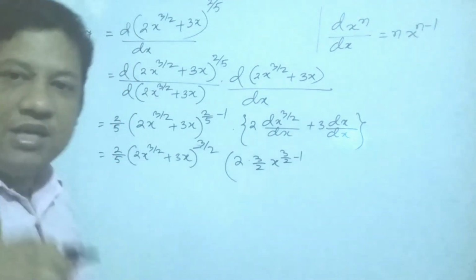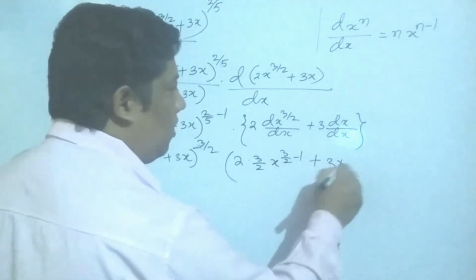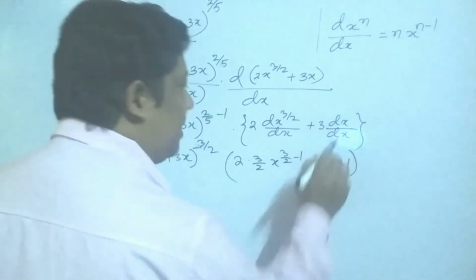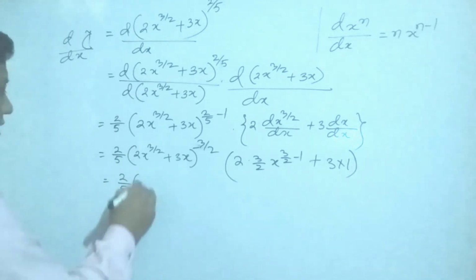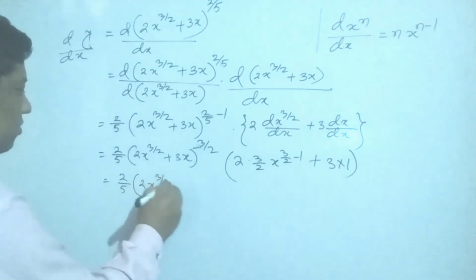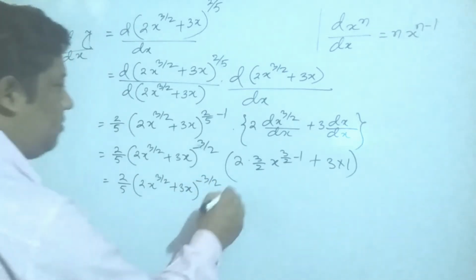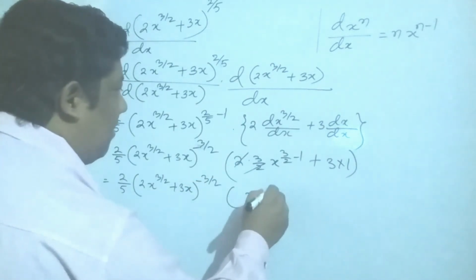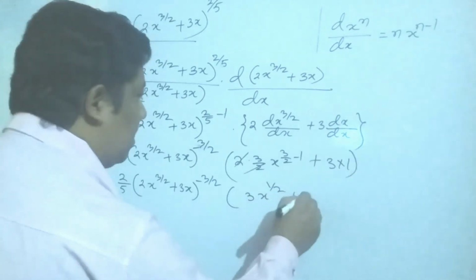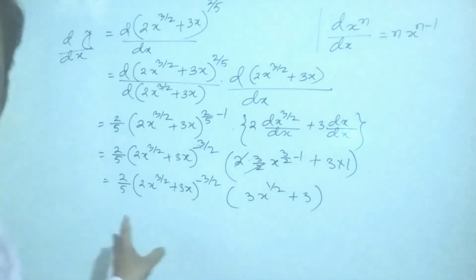Just need to write minus 1 from the power, and this part 3 into 1, because dx upon dx you get 1. So 2 upon 5, 2x power 3 upon 2 plus 3x power minus 3 upon 2. 2 to cancel. So 3 power x power half plus 3. And my students, I think you understand, and that is your answer.